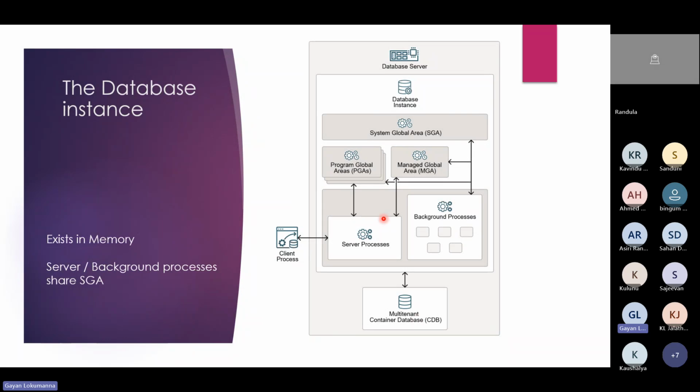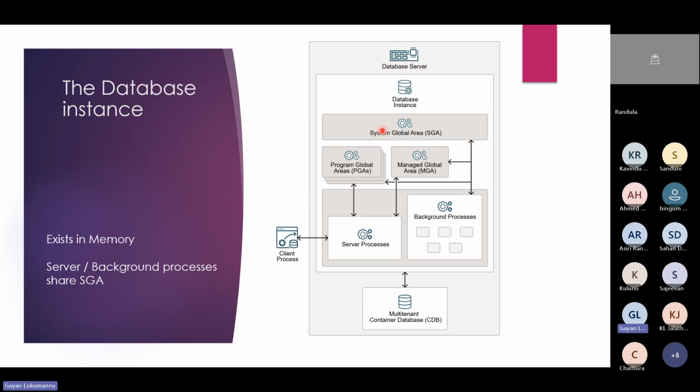So when it comes to this instance that I'm talking about here, which SGA is part of, when you have a single container database, there will be just one instance attached to the container database, regardless of the number of pluggable databases attached to it. For example, it could be a single tenant container database with only one pluggable database, so you'll have a single instance for that.